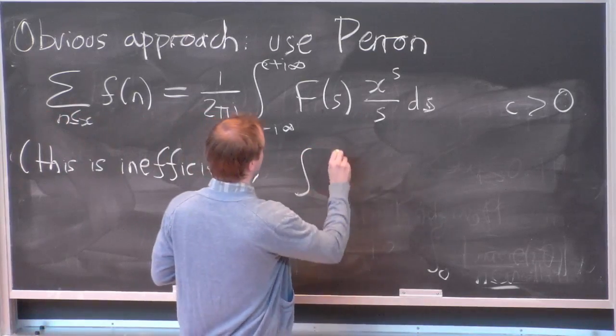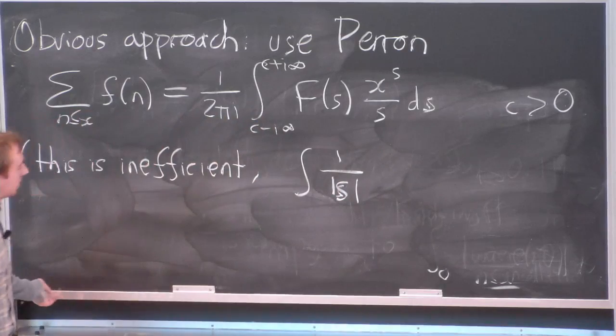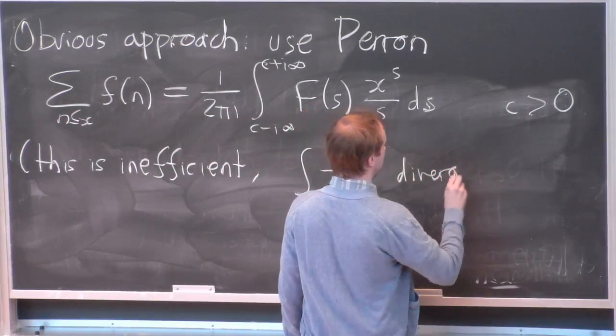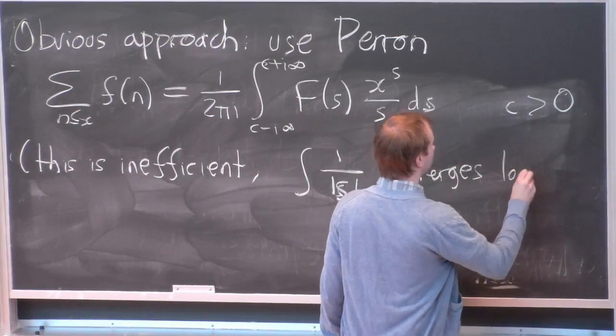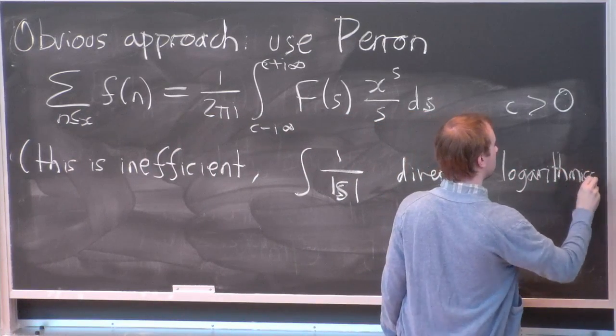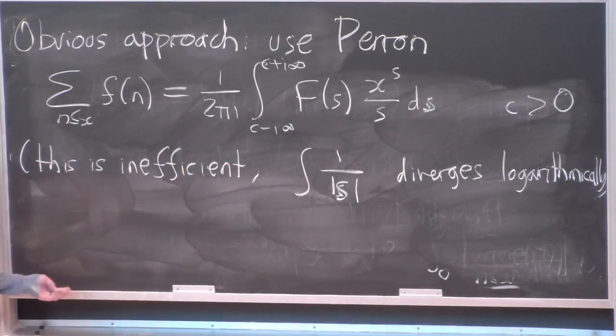And then I'll have something like the integral of 1 over mod s, which diverges logarithmically, and that's a disaster because I'm trying to win square root log x at most. So if I lose a log, I'm done.